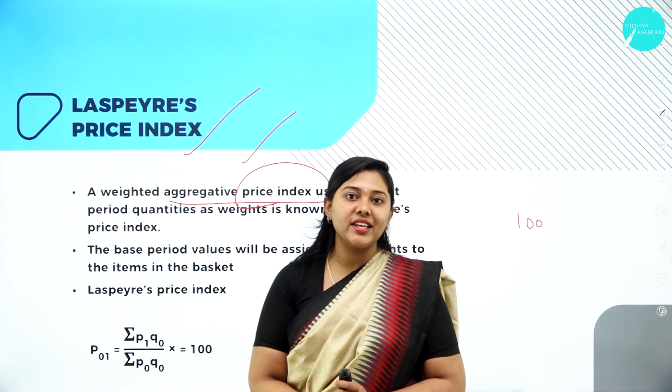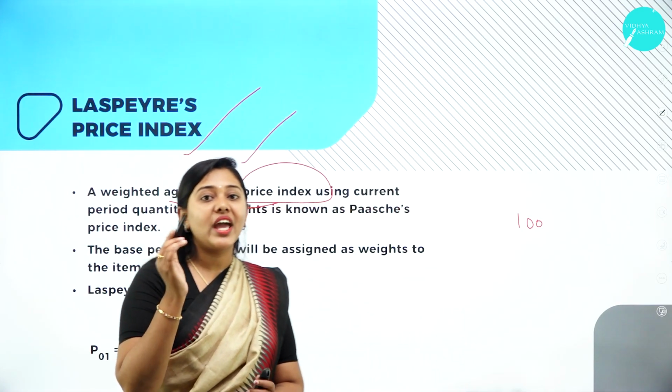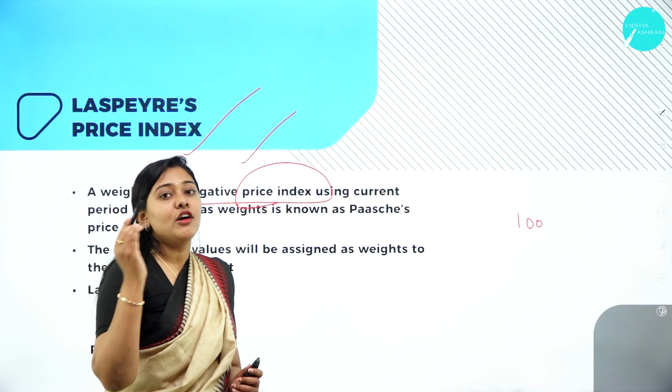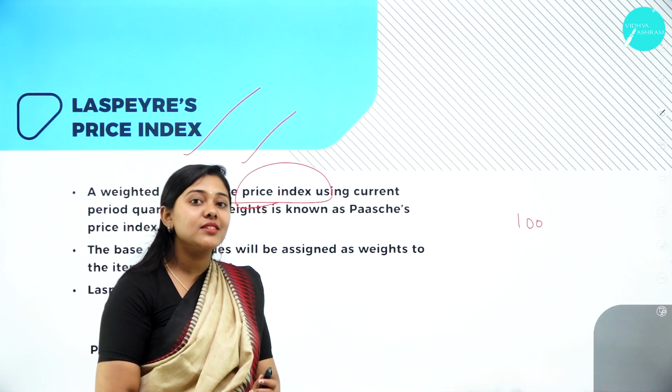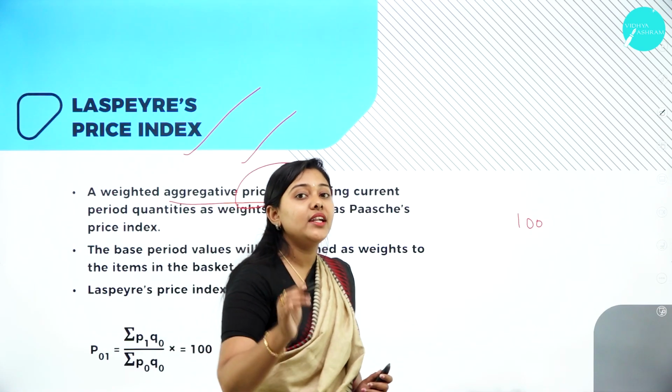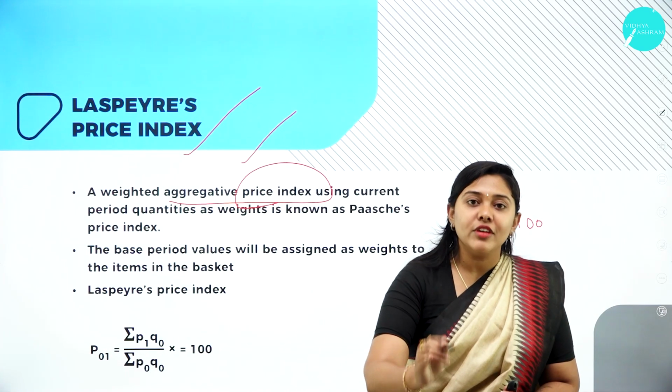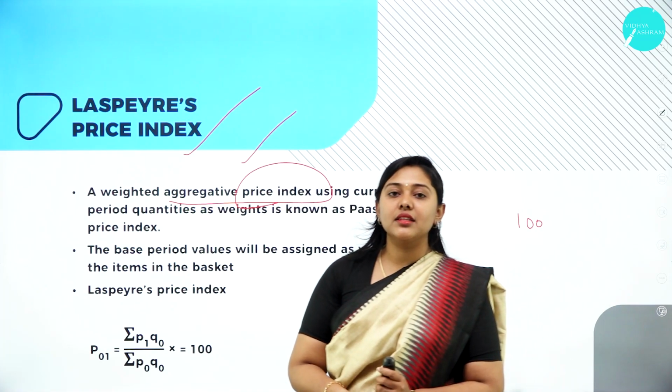That kind of method of calculating the weighted aggregate price index is called the last price index method. The base year quantity is taken for both the current year price and the base period price when calculating the problem.